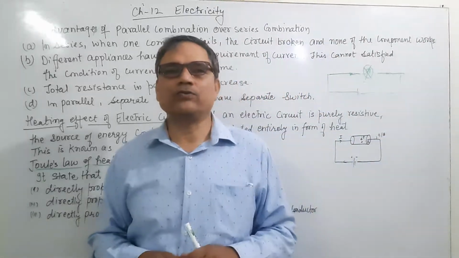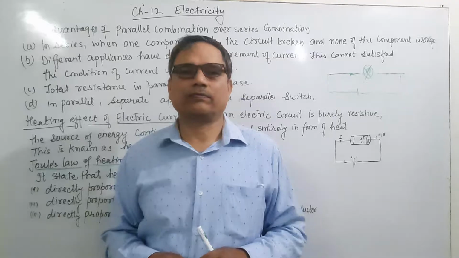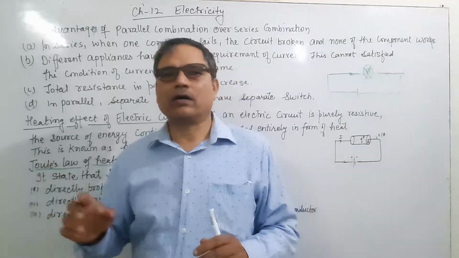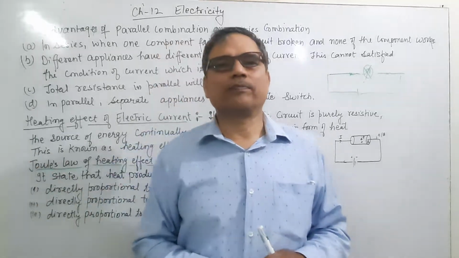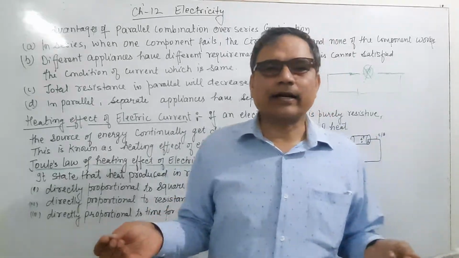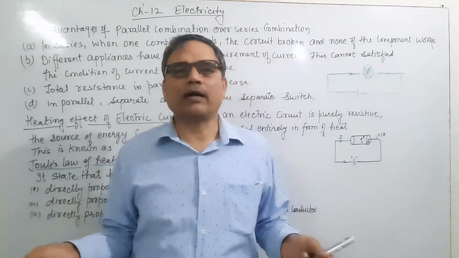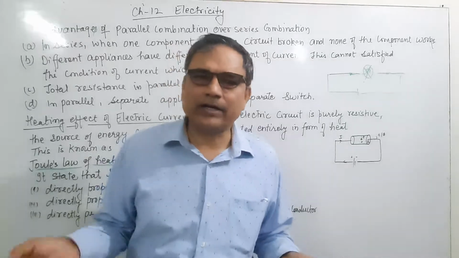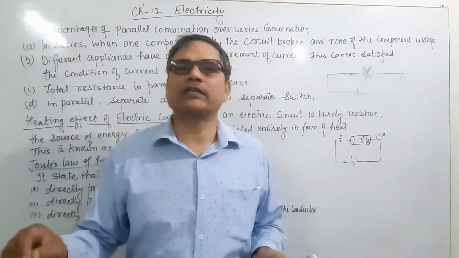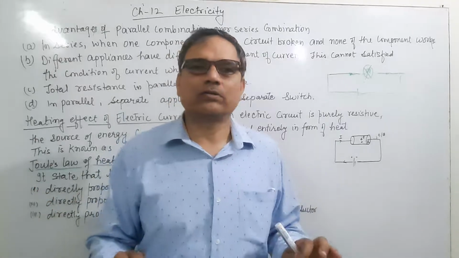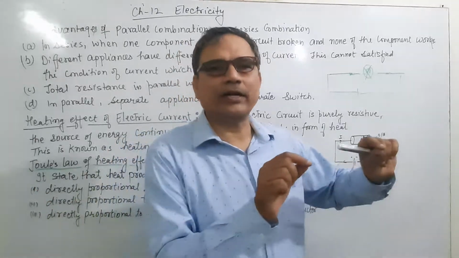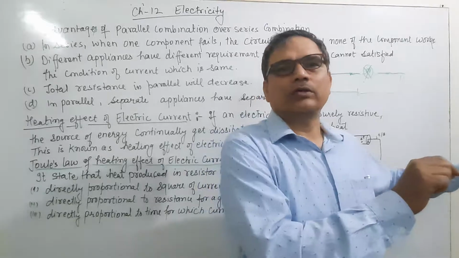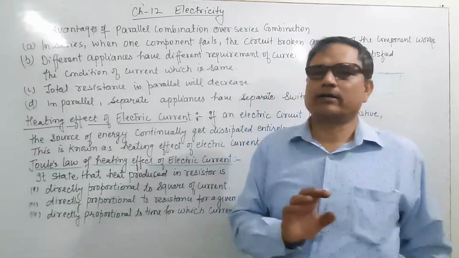For example, if we use a 40 watt bulb and a 1000 watt immersion rod, both electrical appliances need different amounts of current because their requirement is different. But in series, the current is the same, which does not satisfy the condition that the sum of the currents is equal to the total current in the circuit.